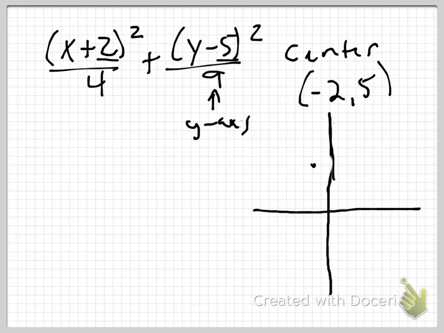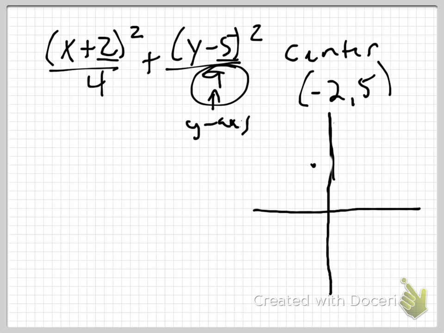Now, here's the thing. If I look at this one, I have to go not 9 spaces, but I have to go the square root of 9 spaces. So I'm going to have to go 3 above that and 3 below that.